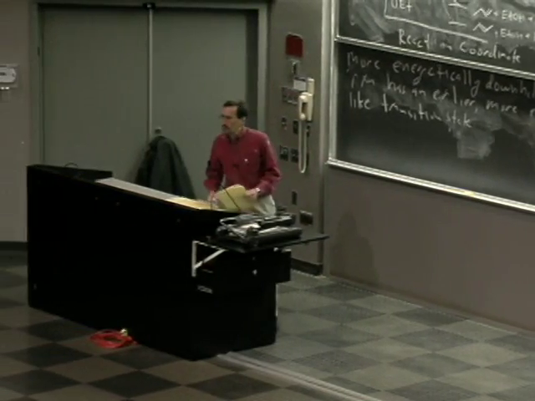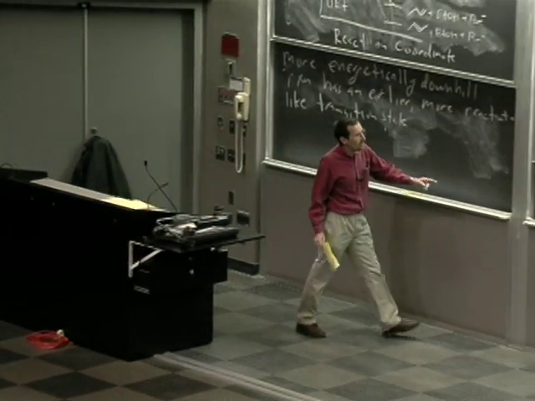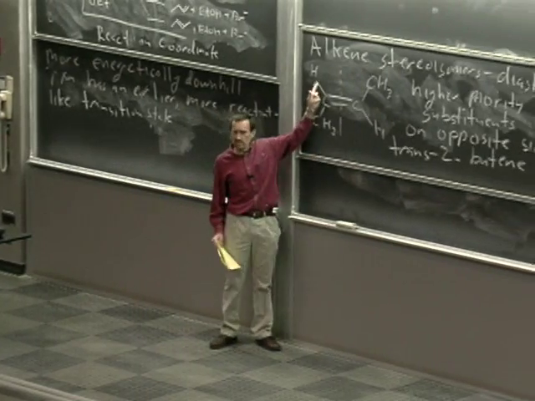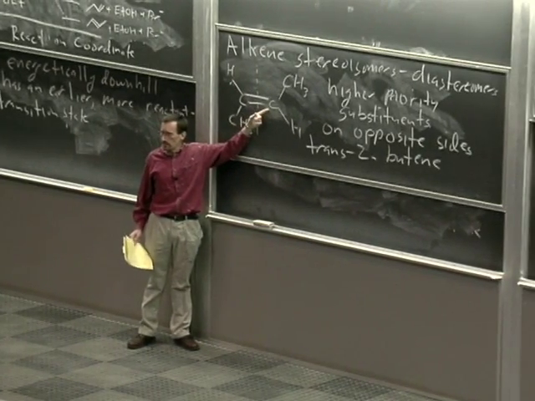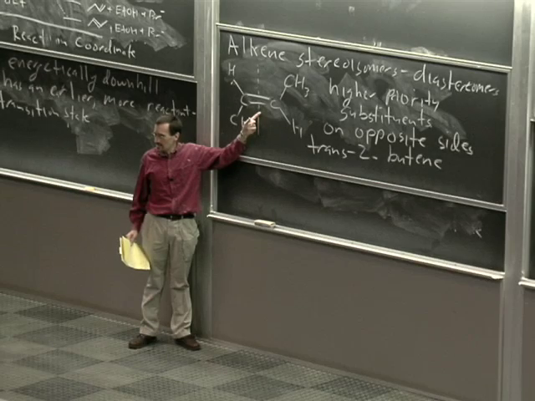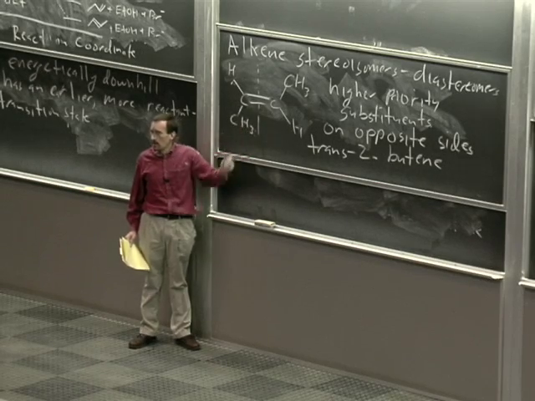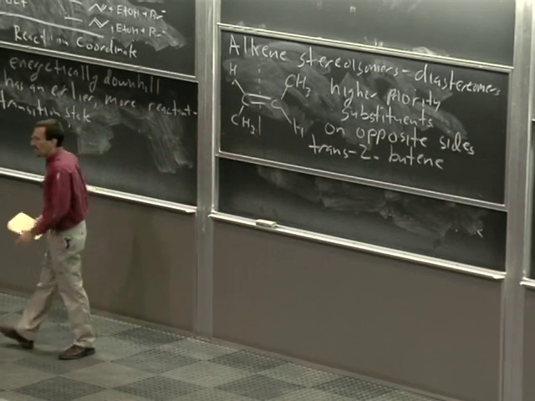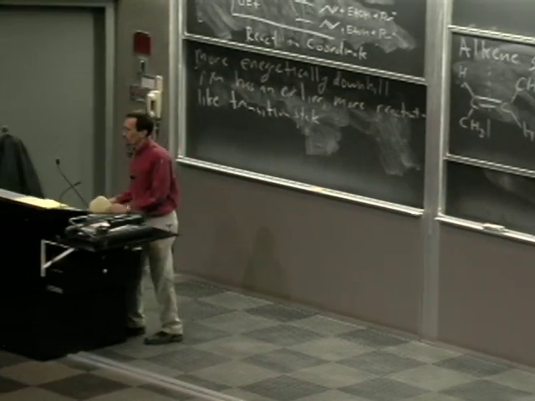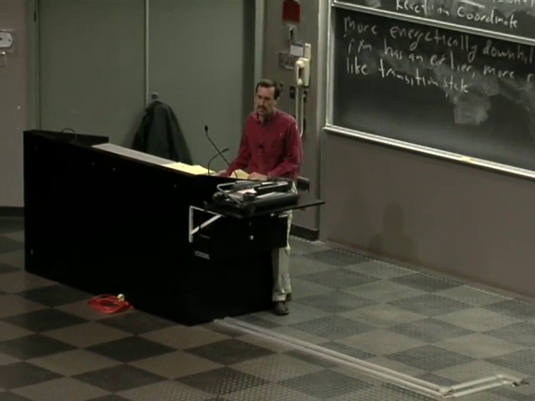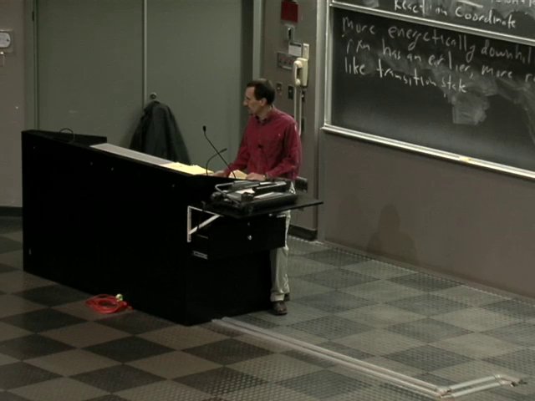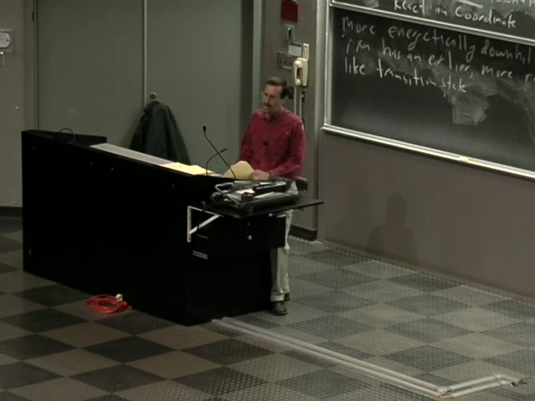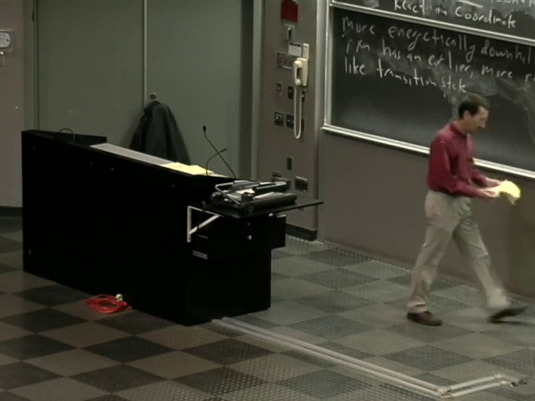Now, normally we use trans when one of the substituents is a hydrogen on each side, in the case of a di-substituted alkene. There's a more general way that people express this for even tri-substituted and tetra-substituted alkenes, and that's to use a German term, E, or entgegen, which means on opposite sides.